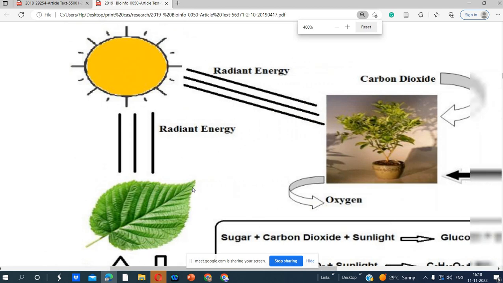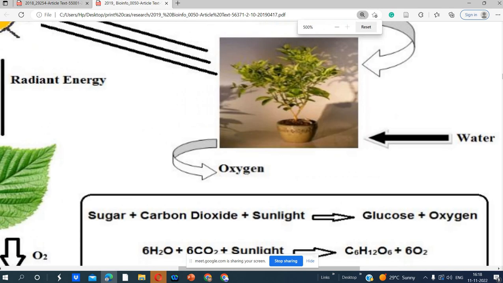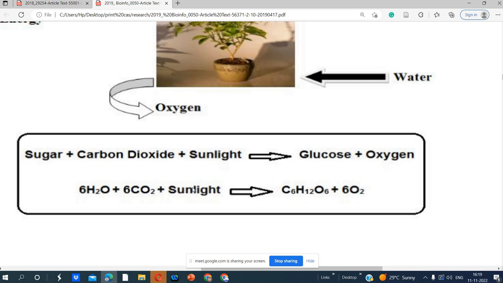In the reaction you can see here, carbon dioxide plus water plus sunlight produces glucose and oxygen. The reaction is shown in two parts. Here you can clearly see the carbon dioxide is used and sunlight is used. This occurs in the presence of chlorophyll. 6 molecules of water and 6 molecules of carbon dioxide make glucose in the presence of sunlight.